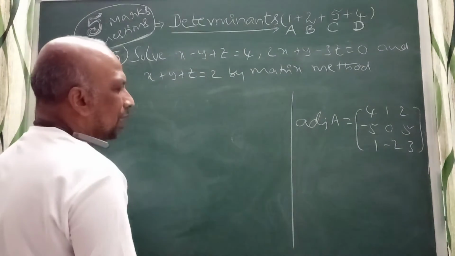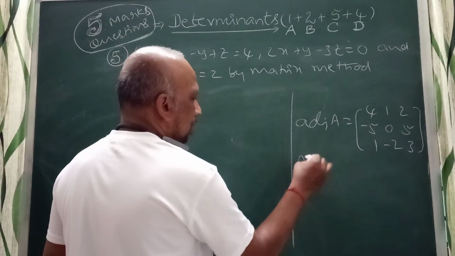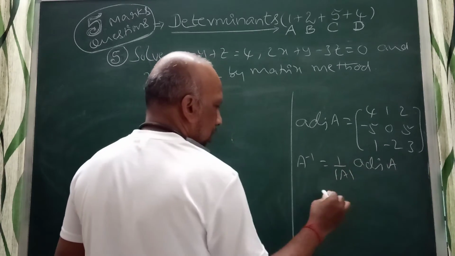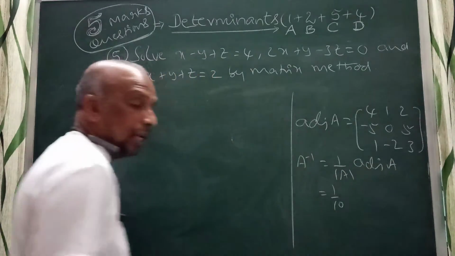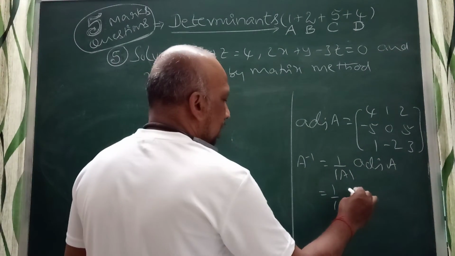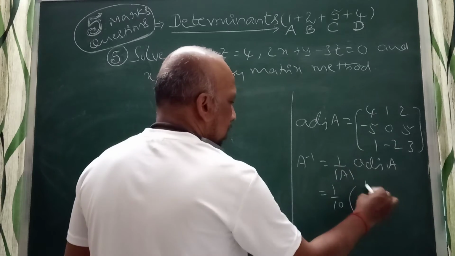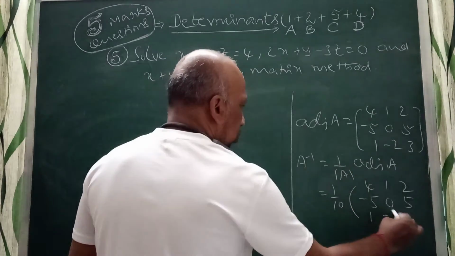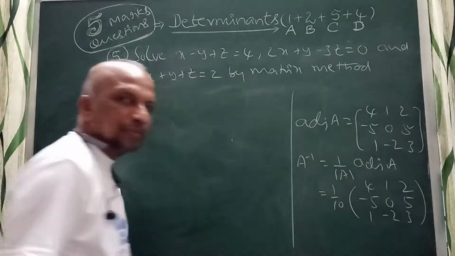After finding the adjoint I can write A inverse is equal to 1 by det A into adjoint A. So 1 by 10, we got 10 in the beginning, right. 1 by 10 into adjoint A. What is adjoint? You can write this: 4 1 2, minus 5 0 5, 1 minus 2 3.